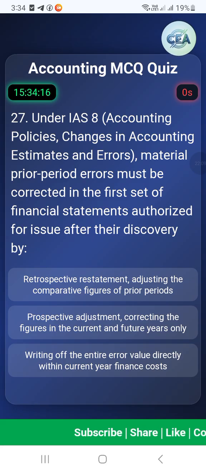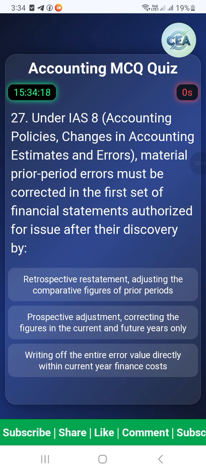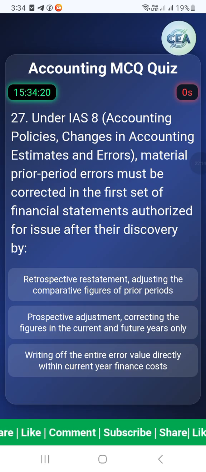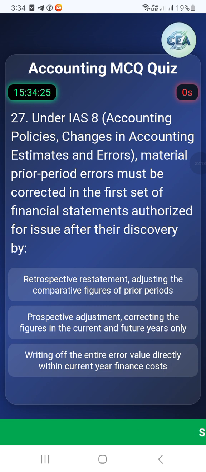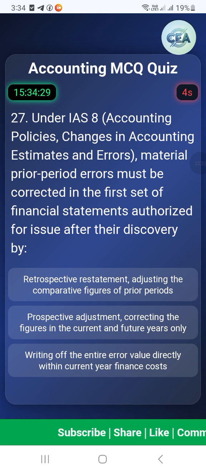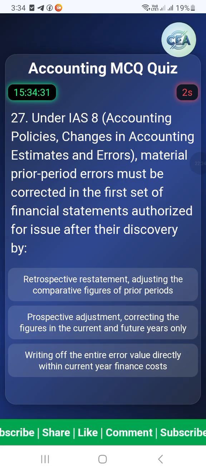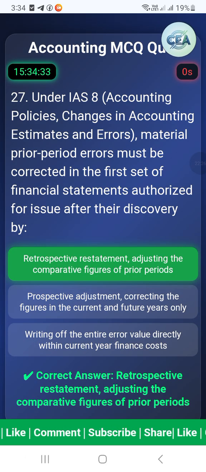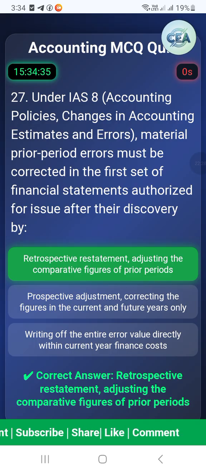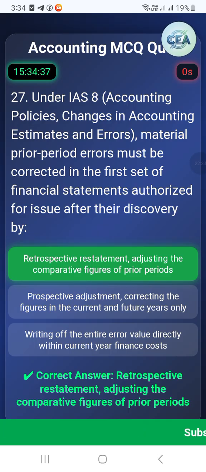Prospective adjustment, correcting the figures in the current and future years only. Option 3. Writing off the entire error value directly within current year finance costs. Correct answer is retrospective restatement, adjusting the comparative figures of prior periods.